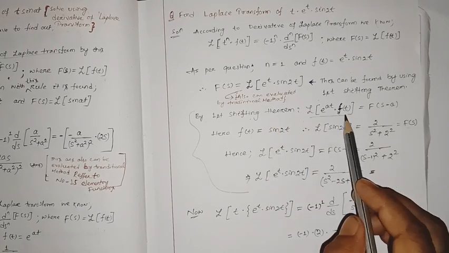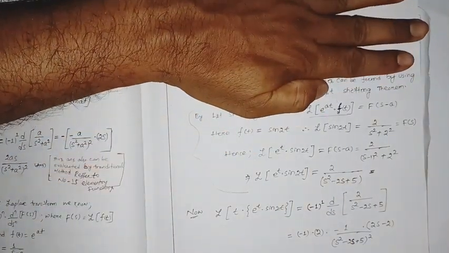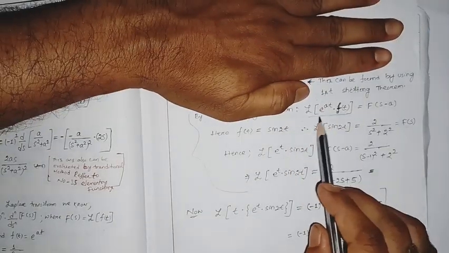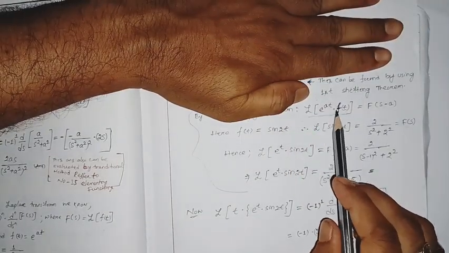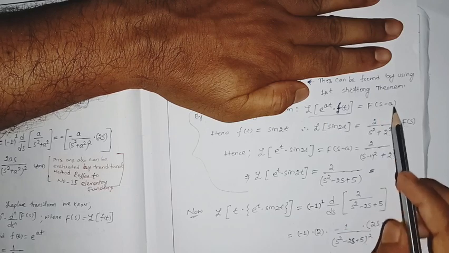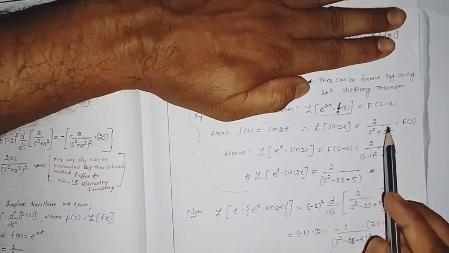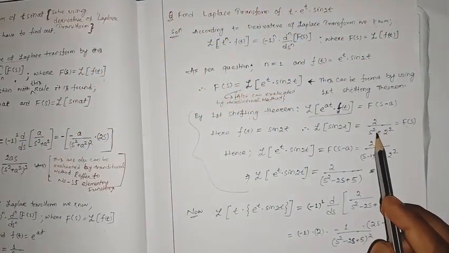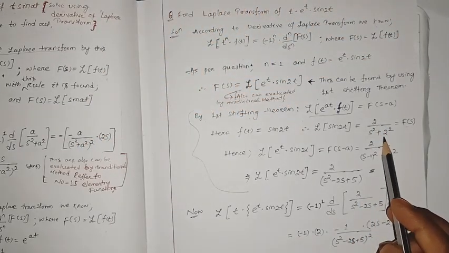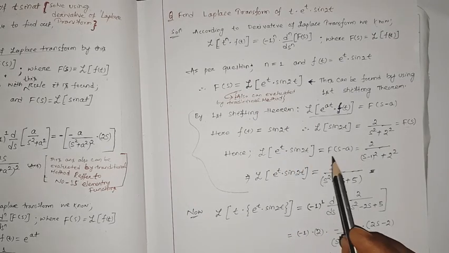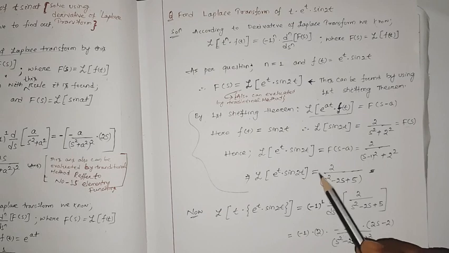For this one, you just consider the function sine 2t, where f of t is sine 2t and the Laplace transform of sine 2t is 2 by s square plus 2 square, which is capital F of s. The Laplace transform of e to the t sine 2t will be this other one.